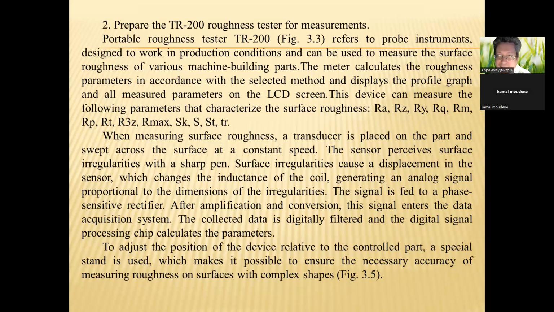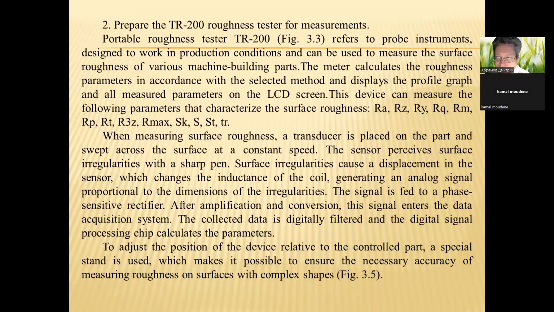This device can measure the following parameters that characterize the surface roughness. As you can see, these parameters are Ra, Rz, Rmax, and other parameters. When measuring surface roughness, a transducer is placed on the part and swept across the surface at a constant speed.